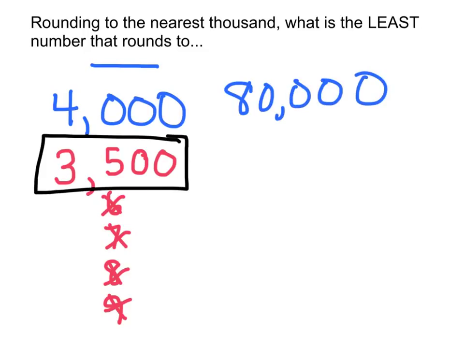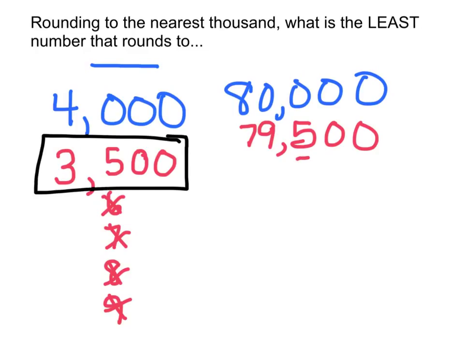Let's try another. If we take the number 80,000 and we want to find the least number, the smallest number that could round to 80,000 at the nearest thousand, what would that number be? We want to force this to turn into 80, and the closest number that would be less than 80 would be 79. So the smallest number we could have would be 79,500.